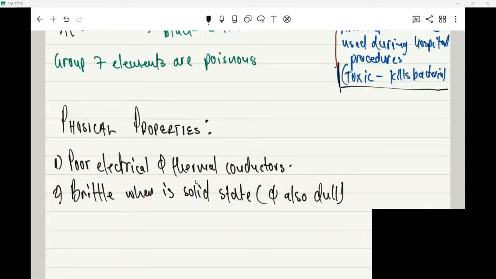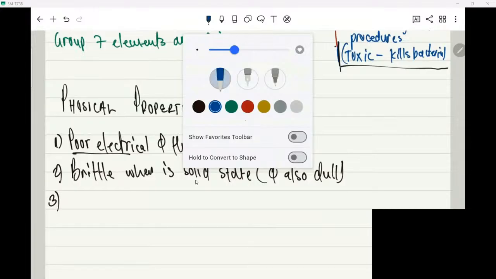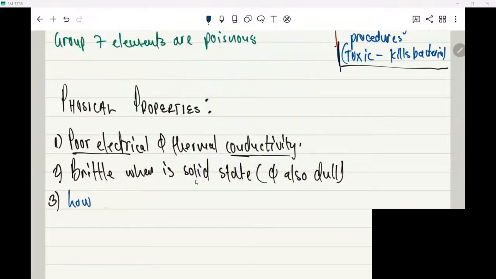So you can say poor electrical and thermal conductivity, and that they are brittle when in solid state, and dull in color, and that they have very low melting and boiling points.